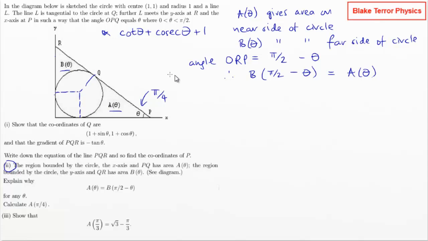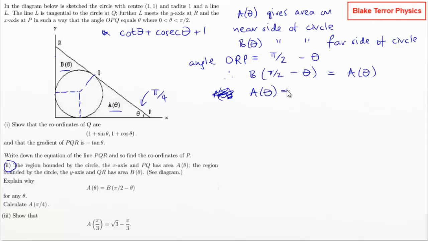So do I want to write A of theta or A of pi divided by 4? I don't think it's going to matter, so let's do this in general.